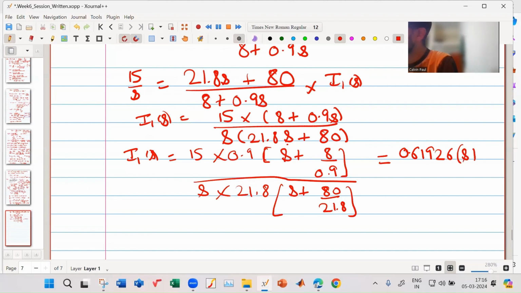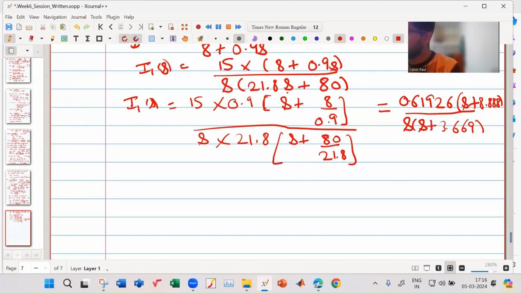What is 8 divided by 0.9? 8.888. And 80 divided by 21.8 is 3.669.